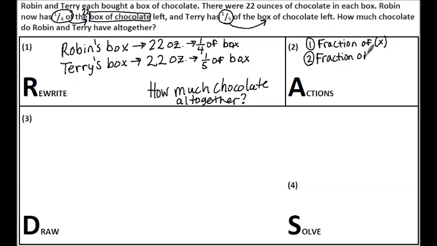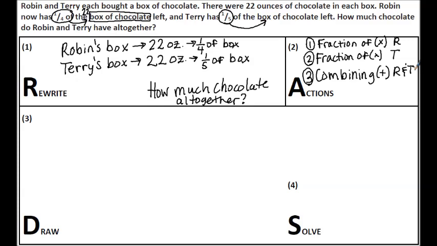So Terry, we're taking a fraction of the box, which is another multiplication problem. So we figure out how much Robin has, we figure out how much Terry has. Once we figure out how much each of those two have, we want to combine the amount that Robin and Terry have together. And that last operation is going to be addition.